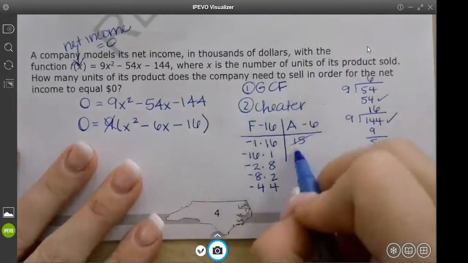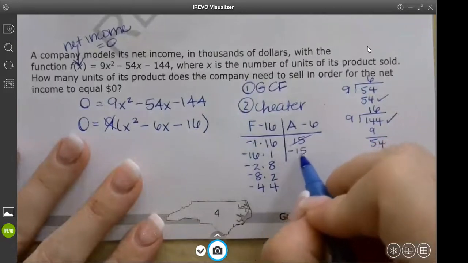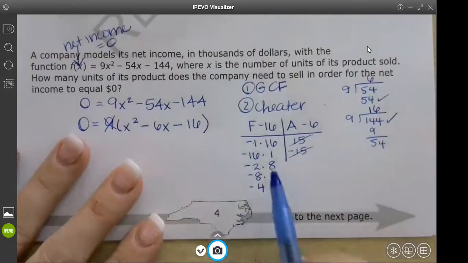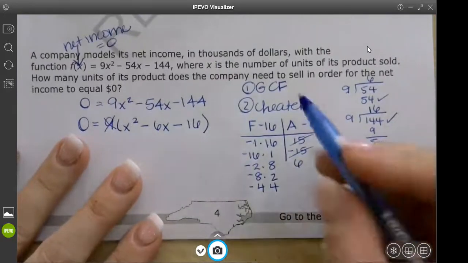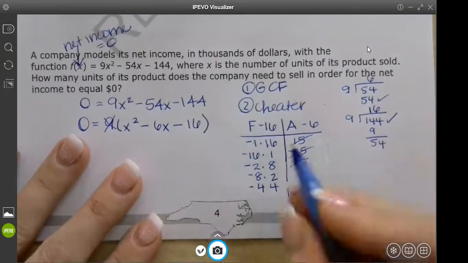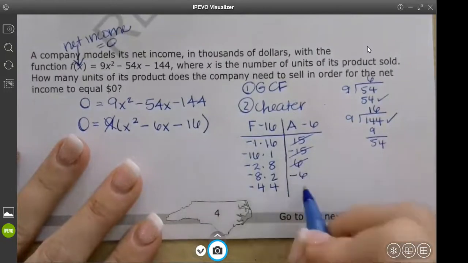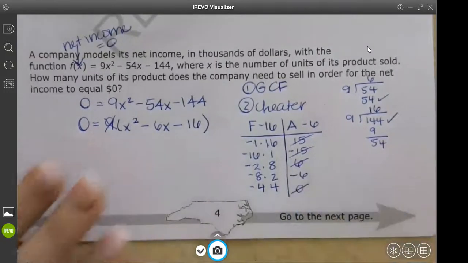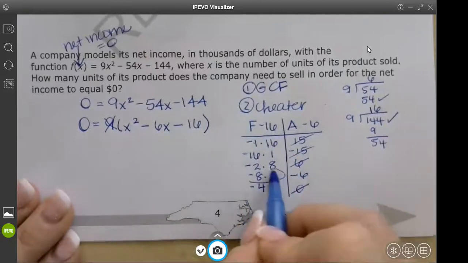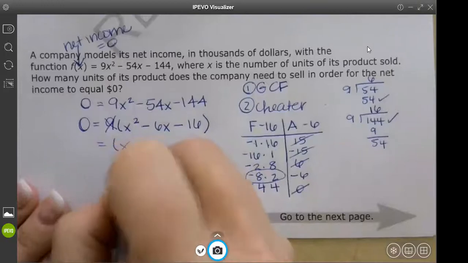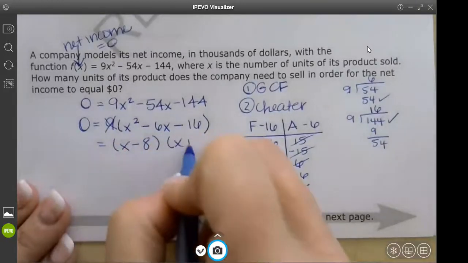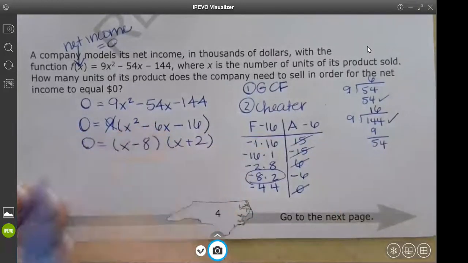Negative 16 plus 1 is negative 15, so that's not right. 8 minus 2 is a positive 6, so I'm almost there, but it's not right. But then I get negative 6 because this one gives me 0, so that one's no good. So these are my two factors, x and a negative 8, x and a positive 2.